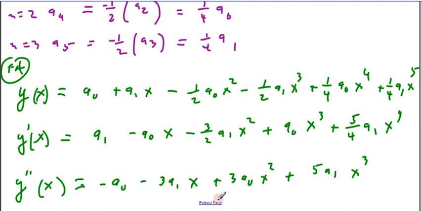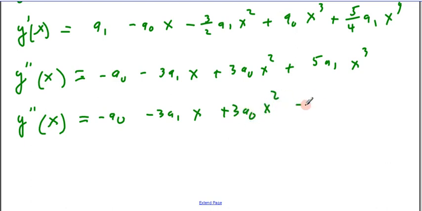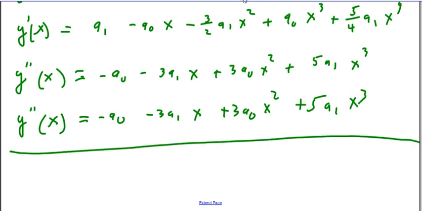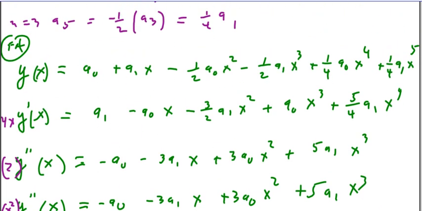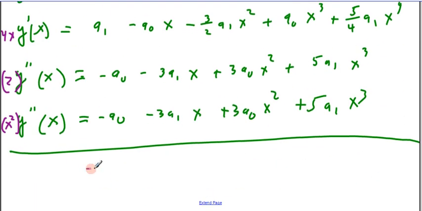And because I need two of the double prime guys, I'm going to rewrite the double prime again: minus a0 minus 3a1x plus 3a0x squared plus 5a1x cubed. And when I take x squared of those guys and 2 of these guys and 4x of them and 2 of the answer, when I do that, I'm supposed to get 0.